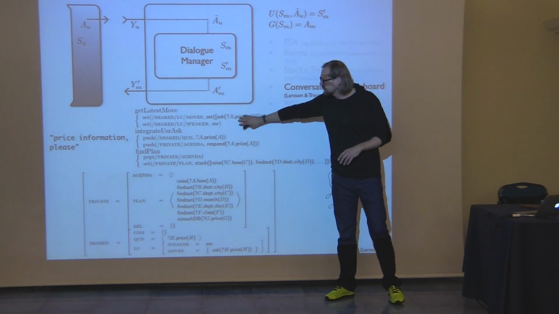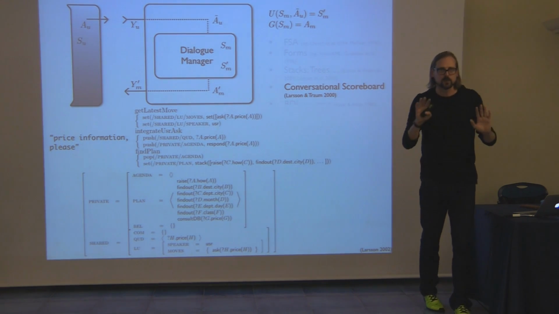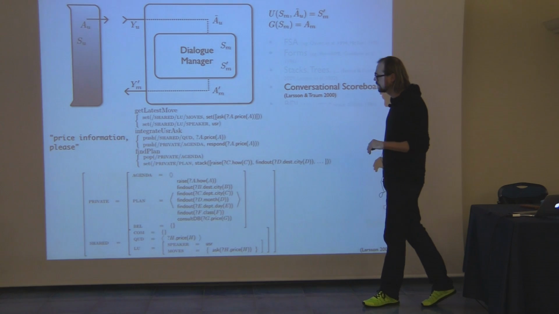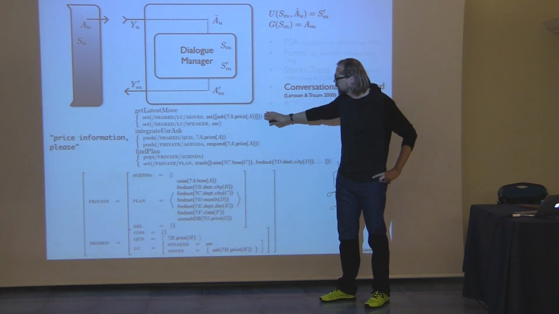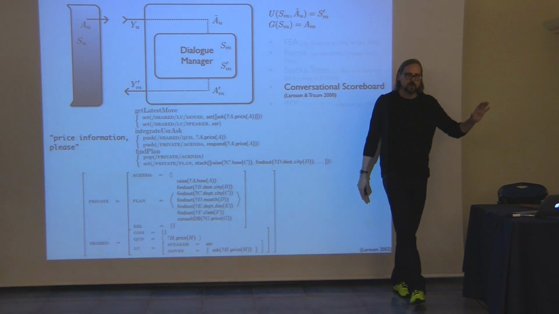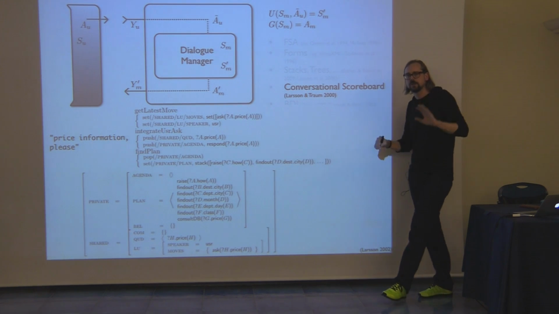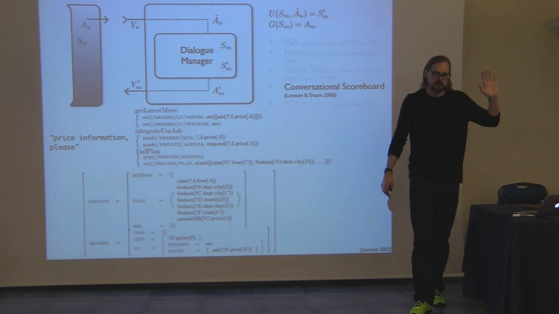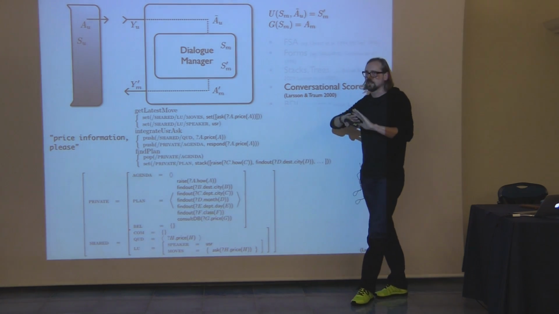And the update rules, they're sort of sitting in the middle between inference rules and simple transition rules in a finite state automaton. Again, I'm not going to go through this in great detail, but the point here is it's not quite modeled from first principles. It's not quite modeled on the level of if someone asks a question, they typically want to know an answer. If I know the answer, then I should give it.